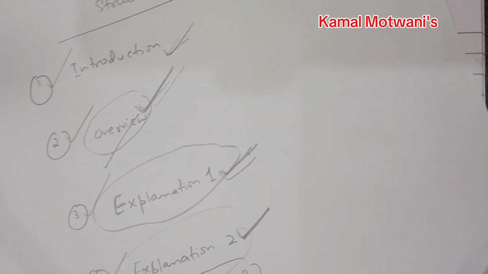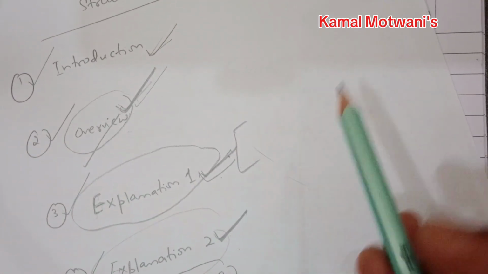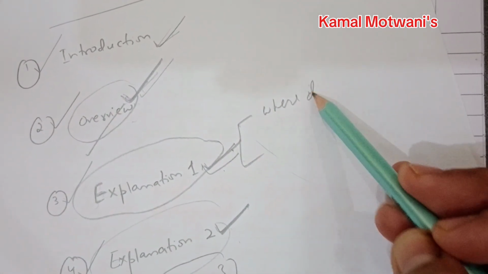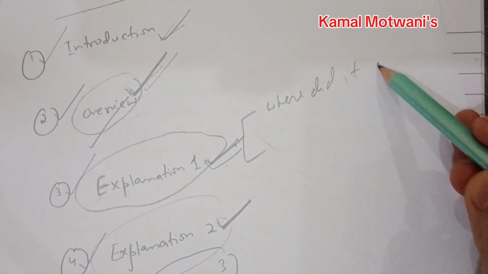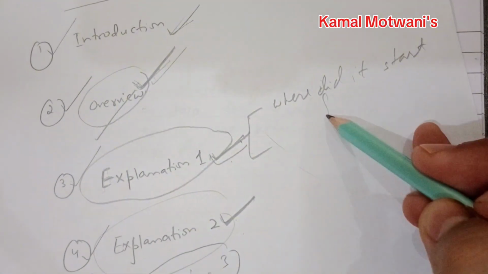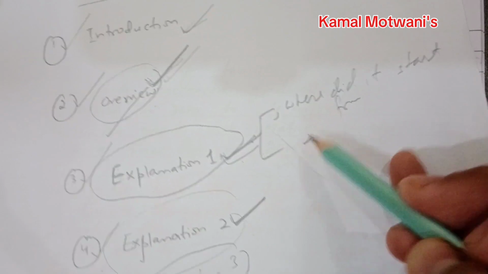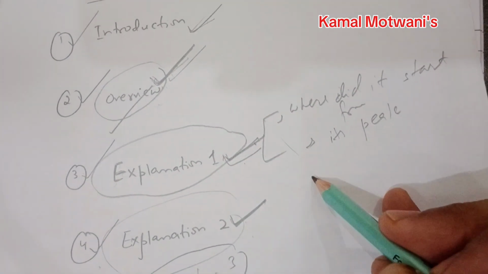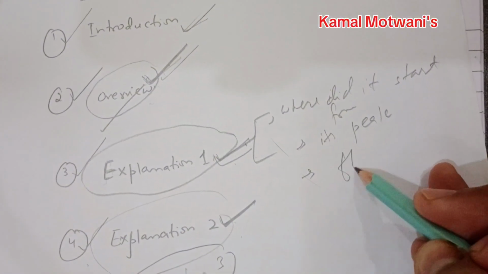Now what to write in the paragraphs? Where did it start from? Then I have written what was its peak. Then its fluctuation.